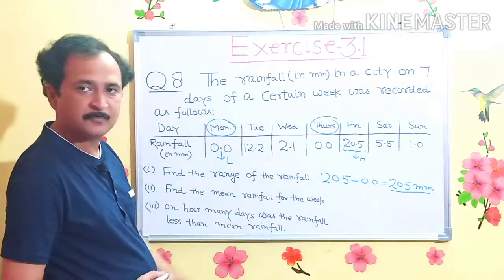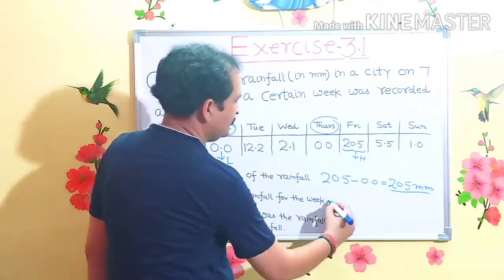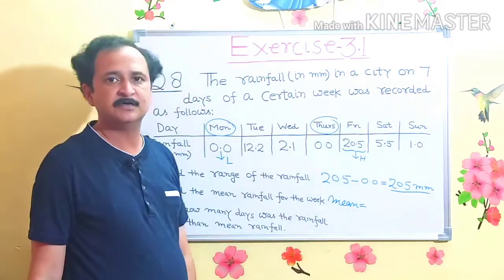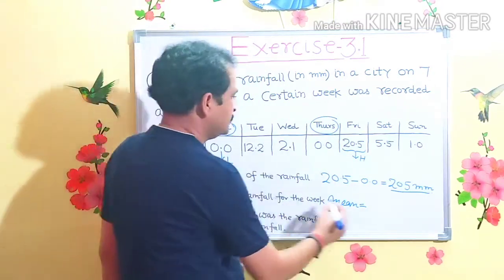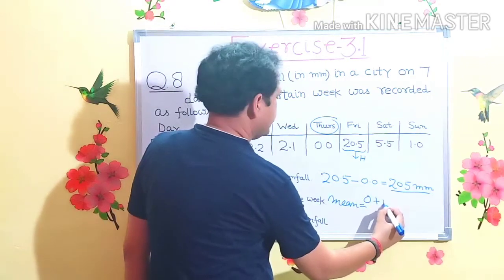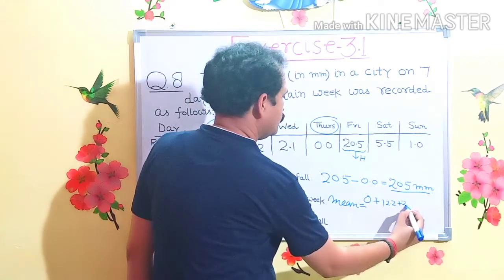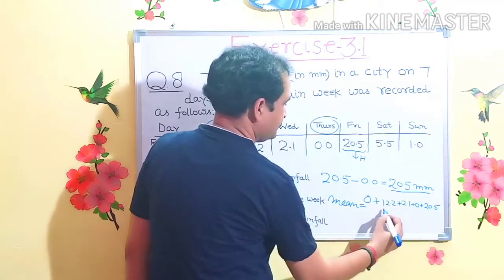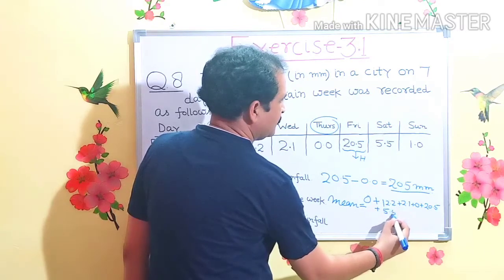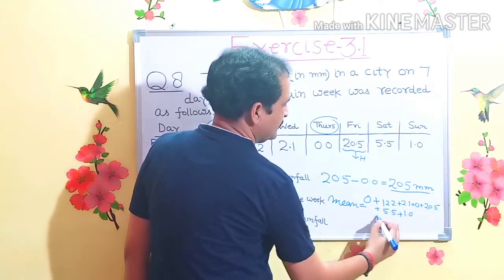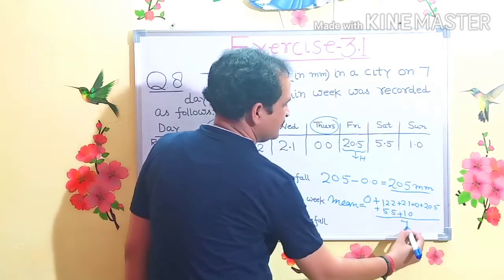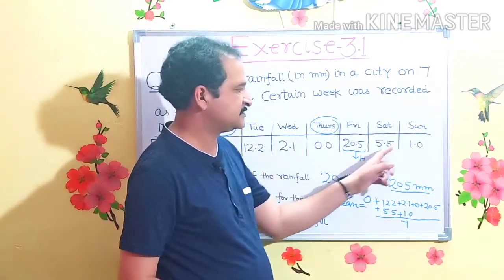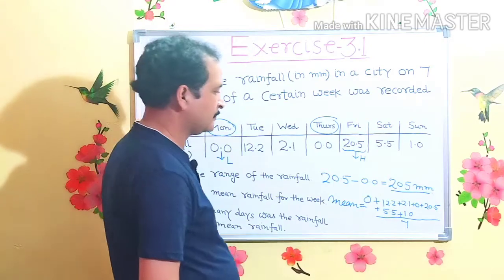Mean rainfall for this week. We know that mean is equal to sum of all the observations divided by number of observations. So 0 plus 12.2 plus 2.1 plus 0 plus 20.5 plus 5.5 plus 1 divided by 7, because there are 7 observations.